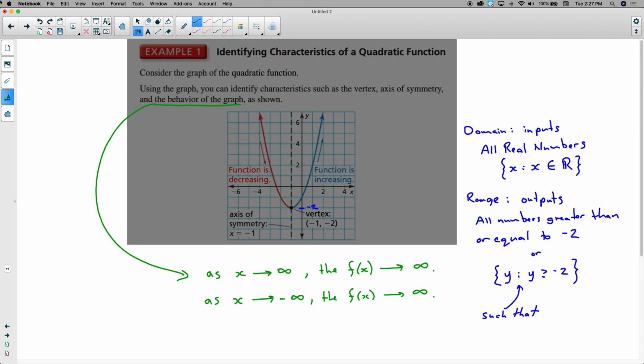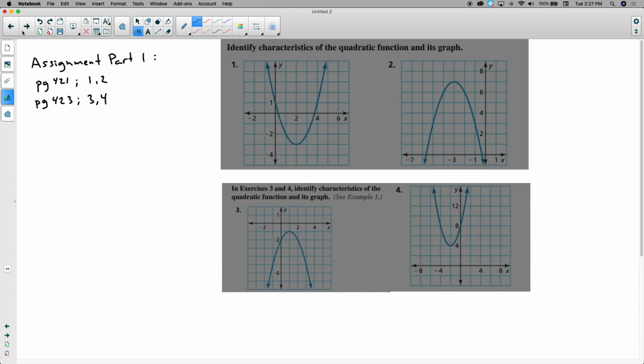So we're about a half hour in, and I would like you to do a few problems. So this is the assignment part 1, and I've gone ahead and brought the images over to the video so I can point to a few things, but I need you to go to your textbook and look at these drawings. And I think I'm going to ask you to redraw them.